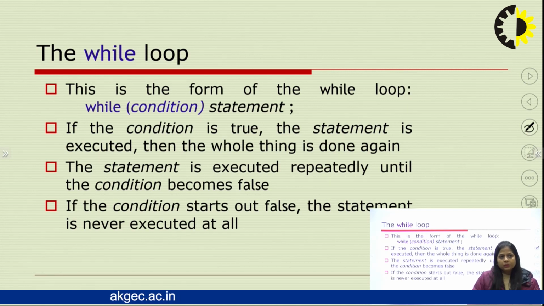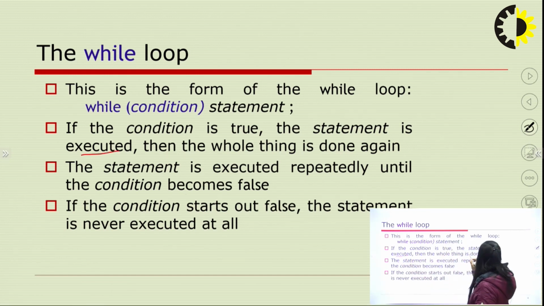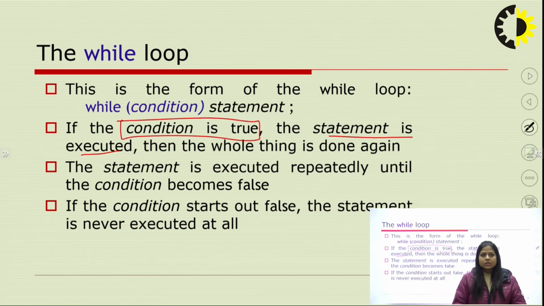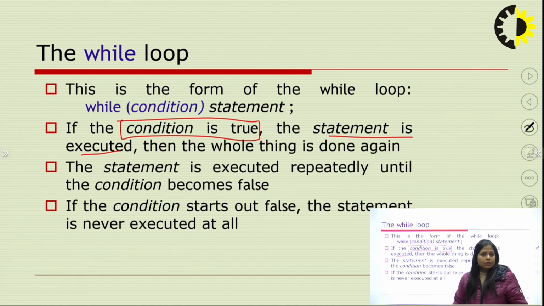While loop says if a particular condition is true, the statement will be executed. First, it will check the condition. Sometimes we say entry control loop, some exit control loops, and so on. So, what is an entry control loop?